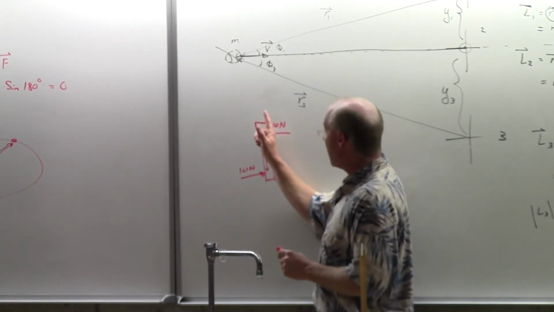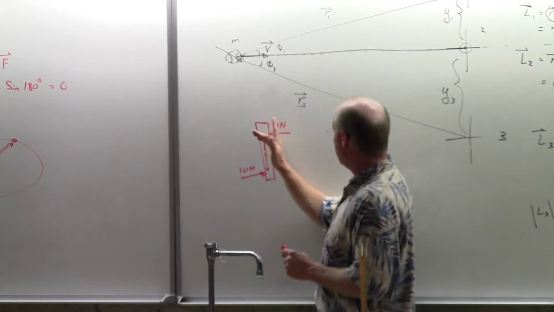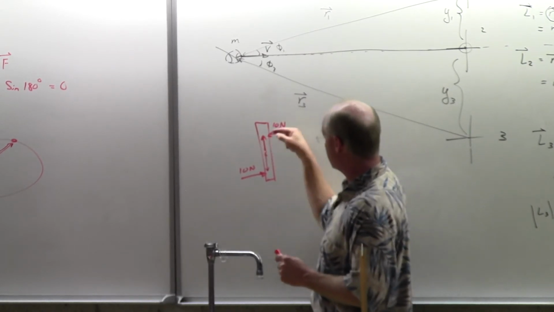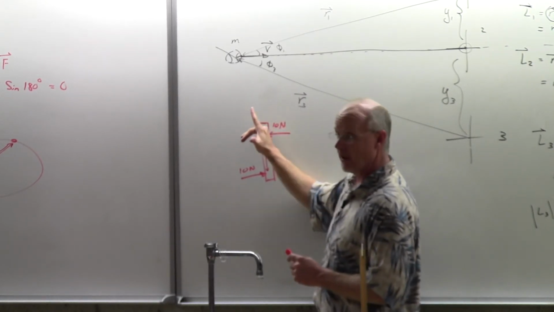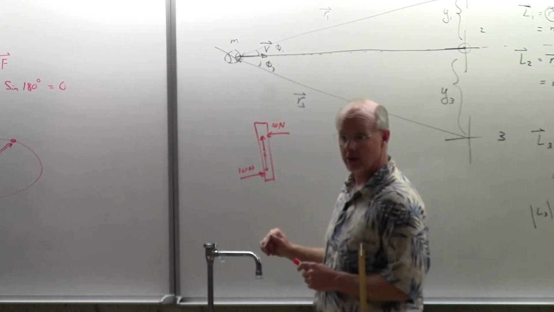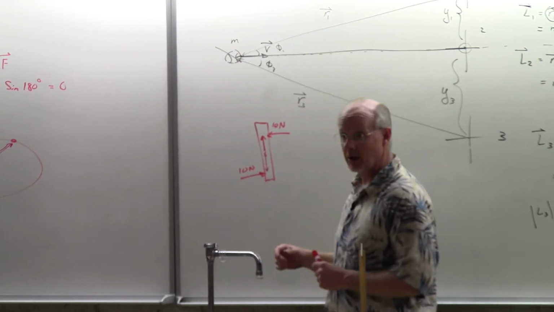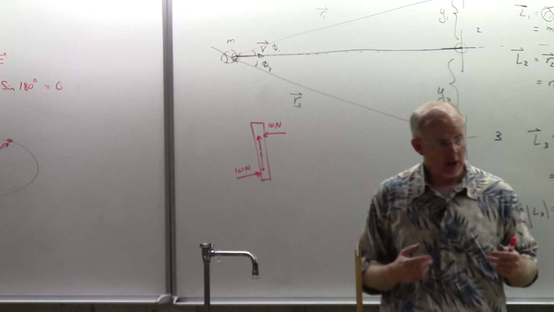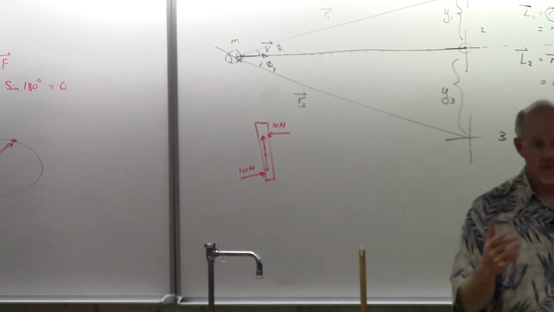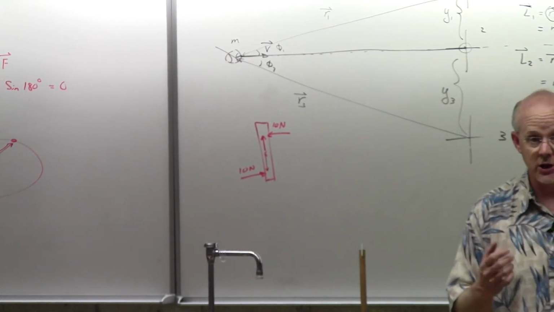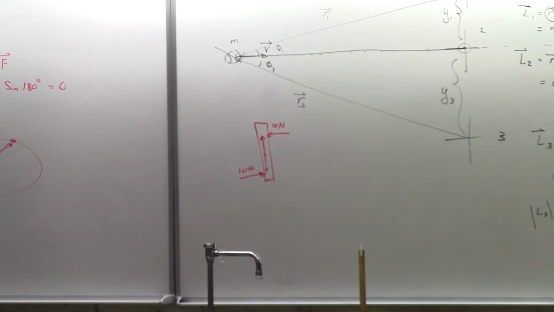The R is up, the force is horizontal that way, the thumb is out of the board. So both of these apply a positive torque. You put those two together, and both of them are making it rotate in a positive direction. So this one has a torque but no net force. It doesn't translate, but it rotates.